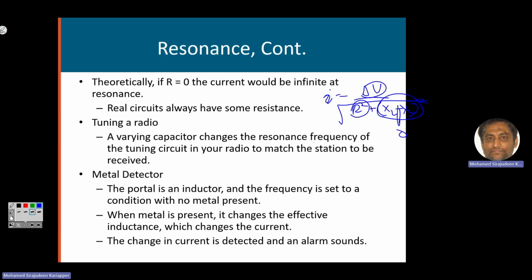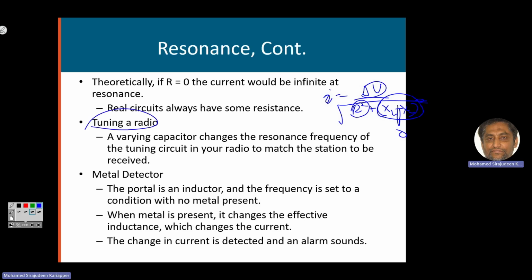Theoretically we can imagine it is 0, but it never happens. Any wire you have will have some resistance. No matter how hard we try, there will be some resistance left. Theoretically, if R is 0, the current should become infinitely high, but that doesn't happen. Real circuits will always have some resistance.